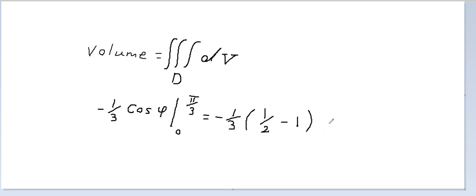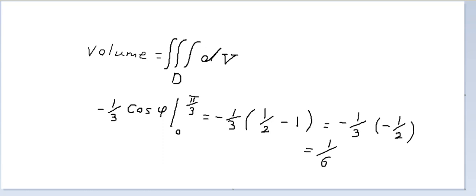So 1/2 minus 1 is minus 1/2, and we have minus 1/3 times minus 1/2, correct? So the answer will be 1/6.